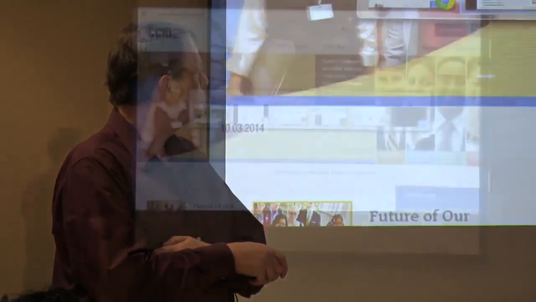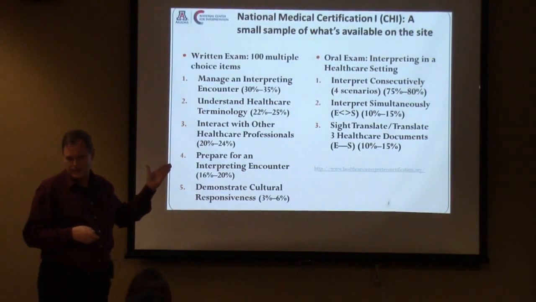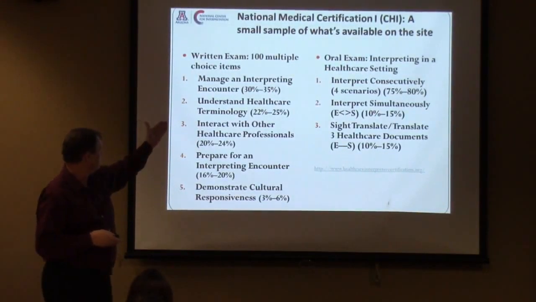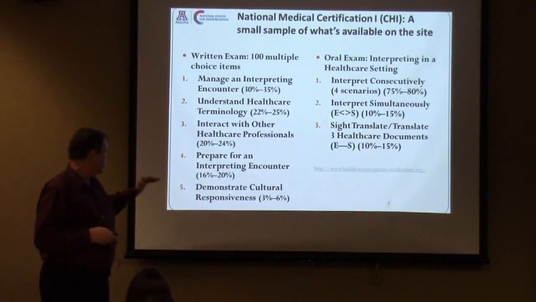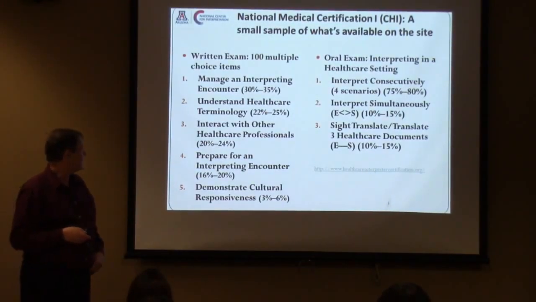So here's a sample test. This is a sample of the test, the written 100 multiple choice items, and it tells you what areas you need to bone up on in order to take and pass that test.